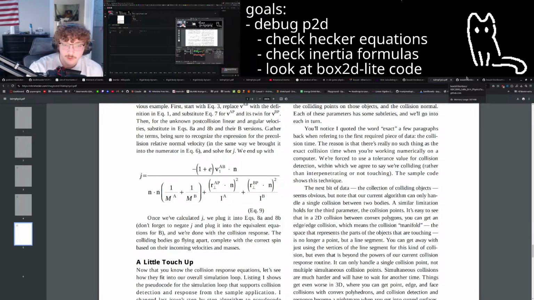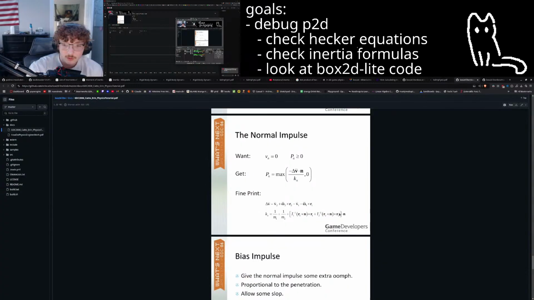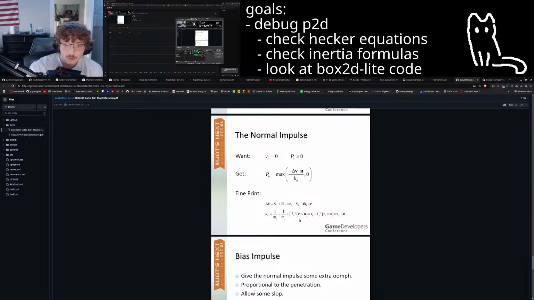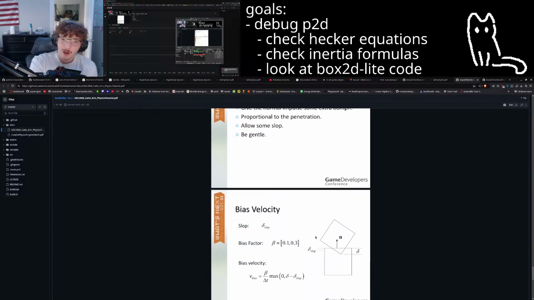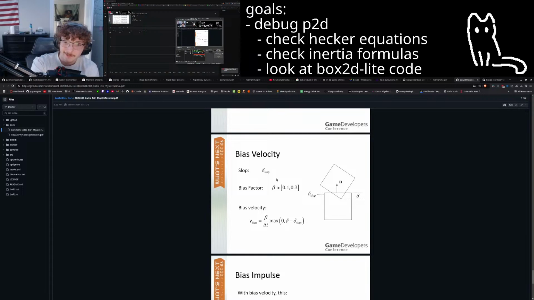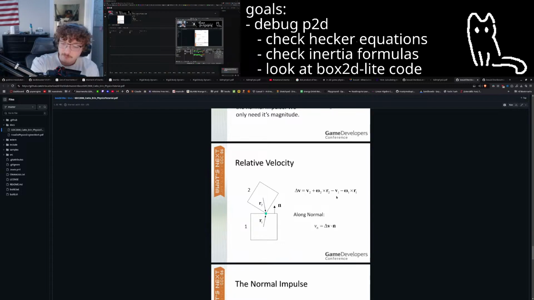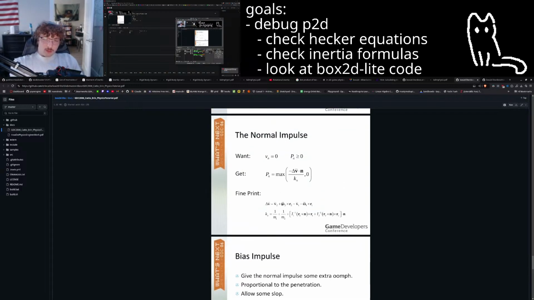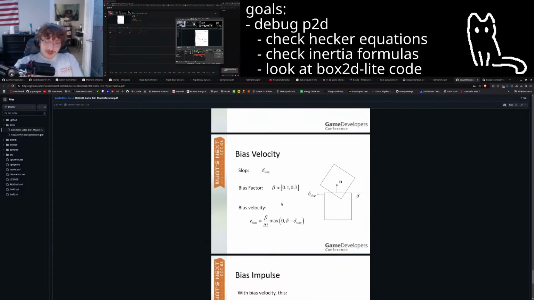Yeah, so both inverse inertias with N dotted with R, but it's not squared. So I'm not sure why these are different. Actually, probably because that squared is manifesting itself in our... No, I don't know. I don't know then.